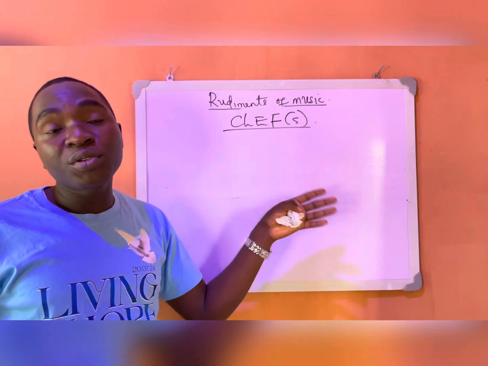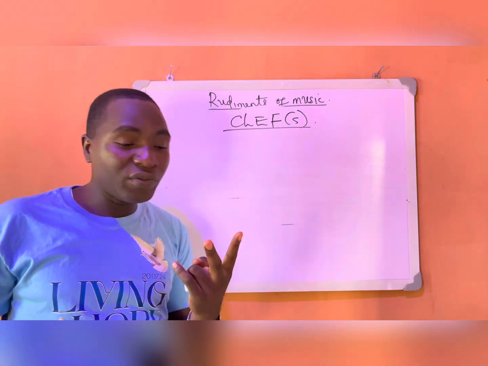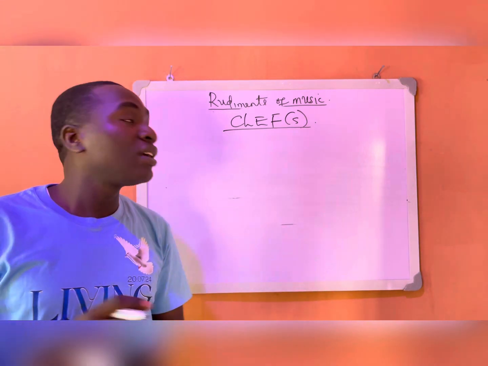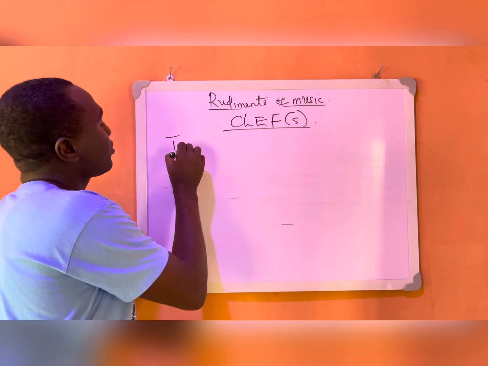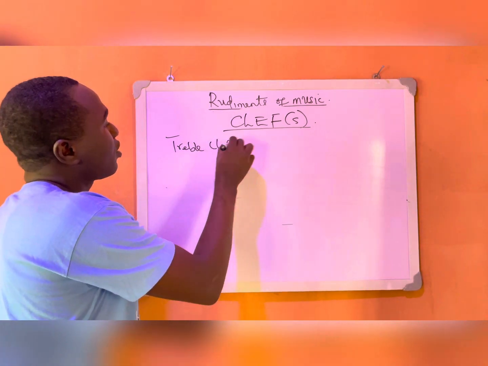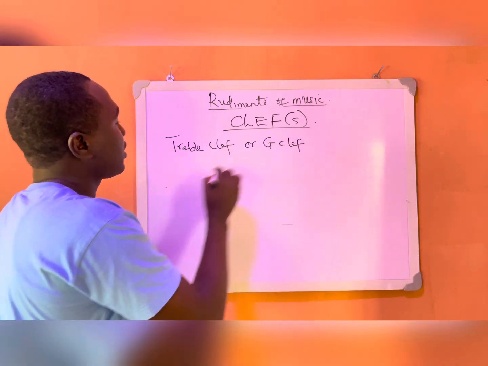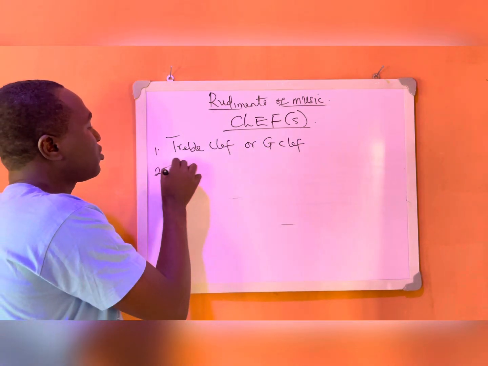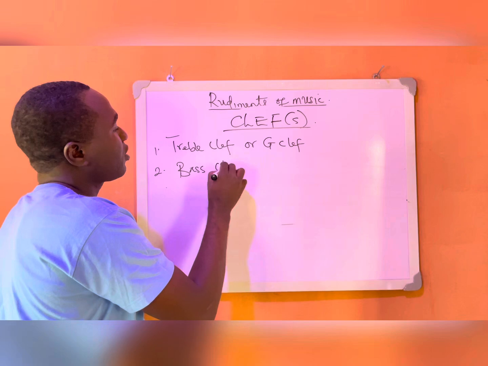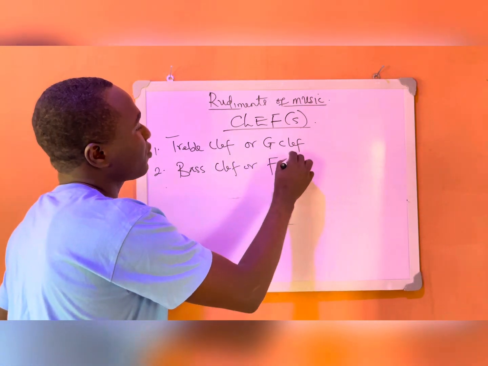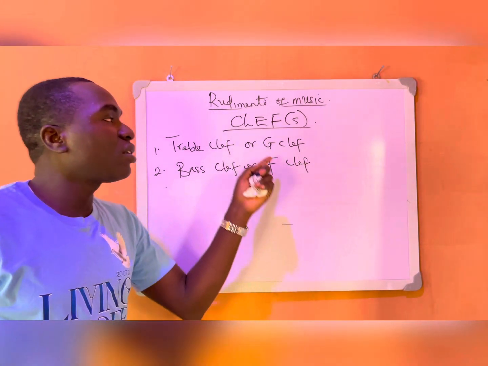And there are different types of clef. But for the purpose of our class, we are going to limit ourselves to 2. They are the treble clef or G clef. Then the second one is the bass clef or F clef. Why do we call it G clef?